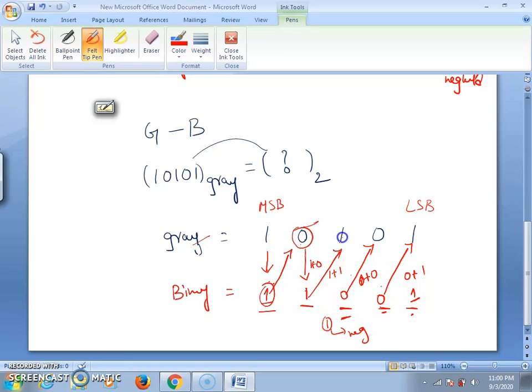Again 1 plus 1 is equal to 0 carry of 1, and the carry is neglected. Again 0 plus 0 is equal to 0. Next 0 plus 1 is equal to 1. So this is the final answer. The result is 1110001, the binary number for the given gray code.